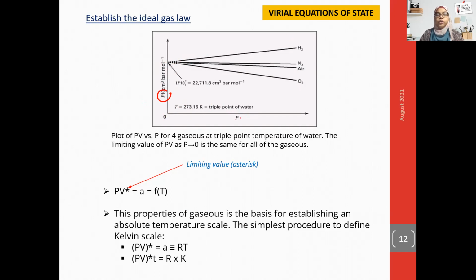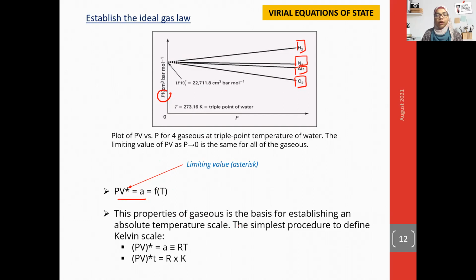But if we increase the pressure in the system, the gases have their own values. So by using this, we can have the correlation where we describe the condition based on PV equal to A. We name it A.